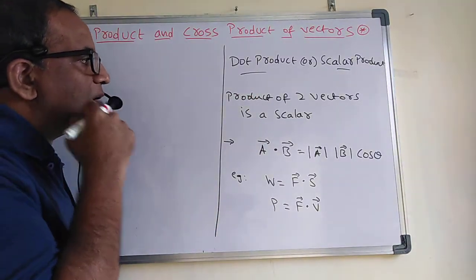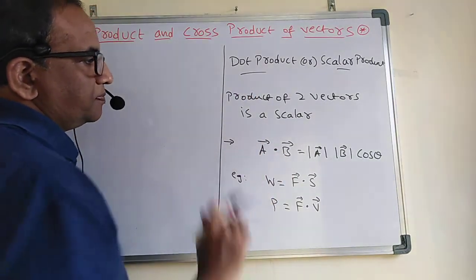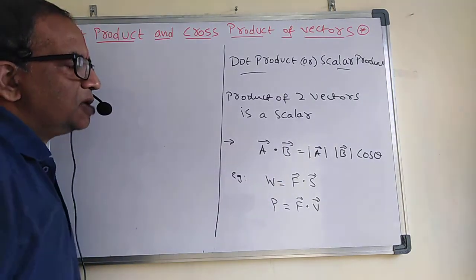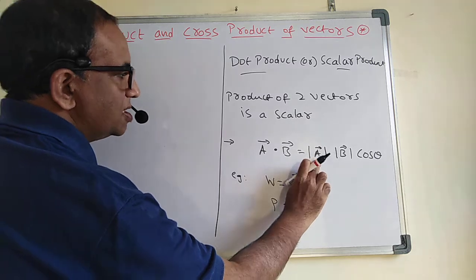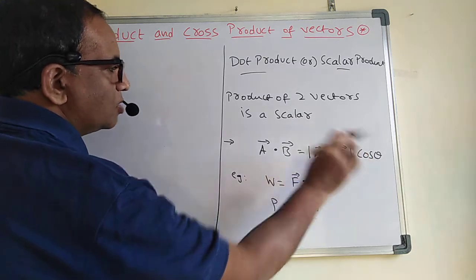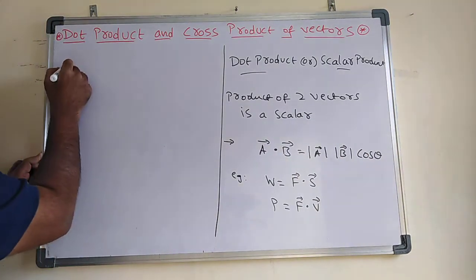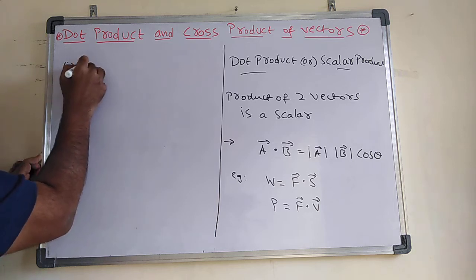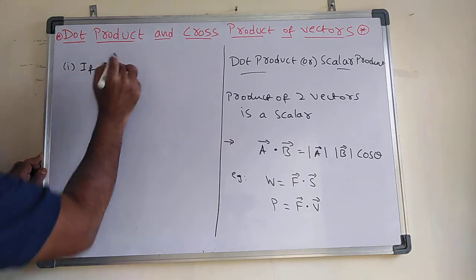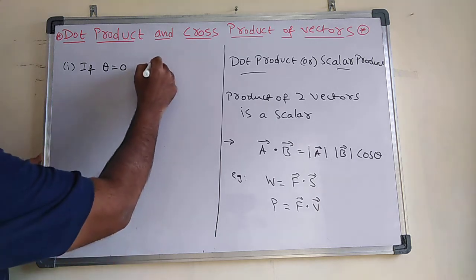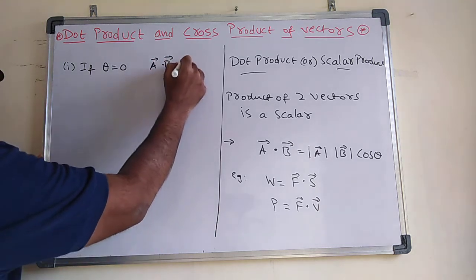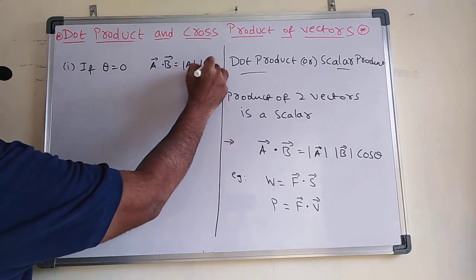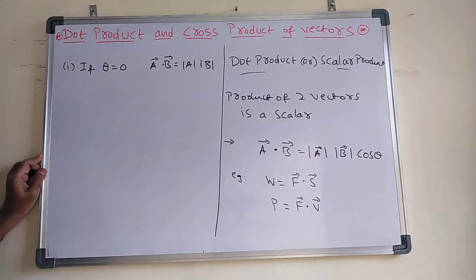But see carefully how we can perform this dot product. We got modulus of A into modulus of B into cos theta, and there are three cases. Number one, if theta is 0, then A dot B is modulus of A into modulus of B, because cos 0 is 1, so it is maximum.